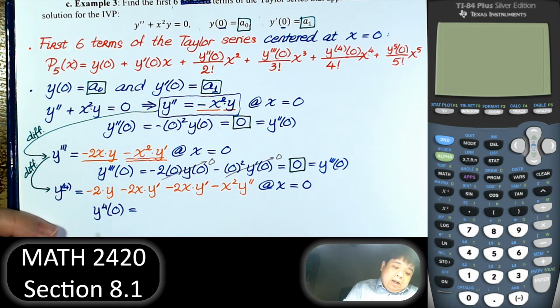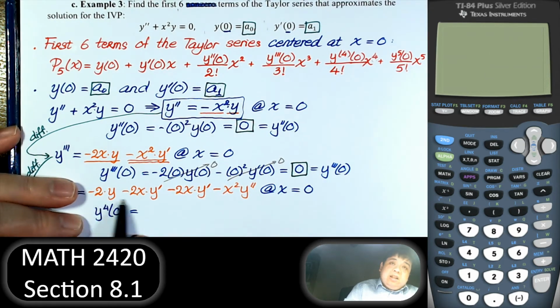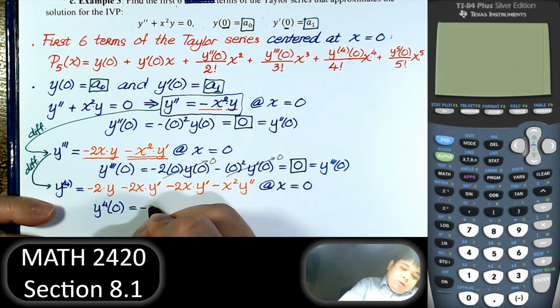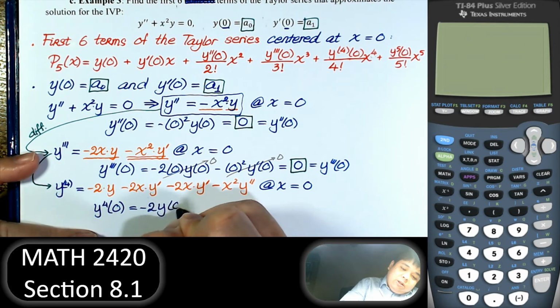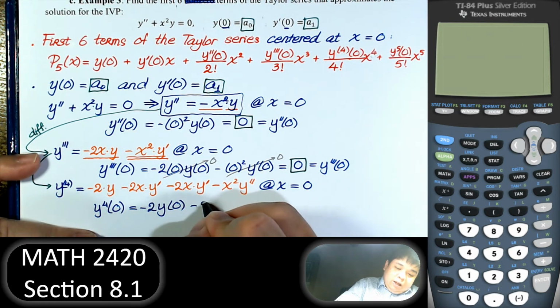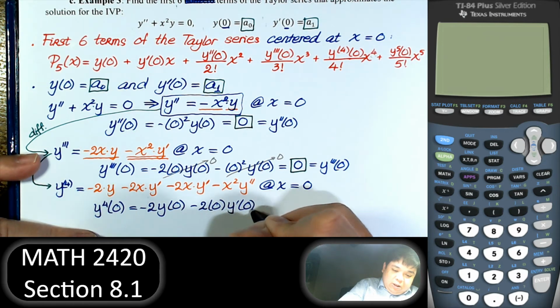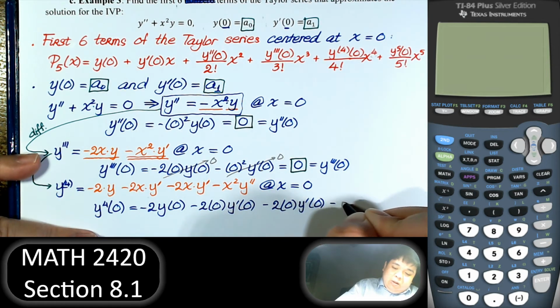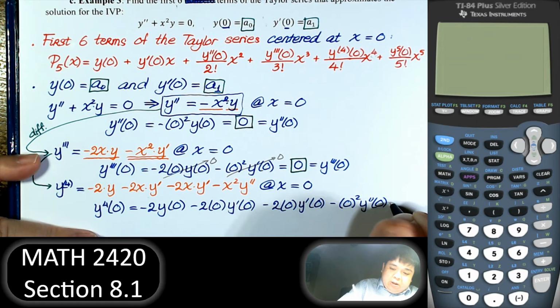Put 0 in for x and the variable for the function y, derivative and then second derivative. So negative 2 y of 0, negative 2 times 0 y prime of 0, minus 2 times 0 y prime of 0, minus 0 squared y double prime of 0.